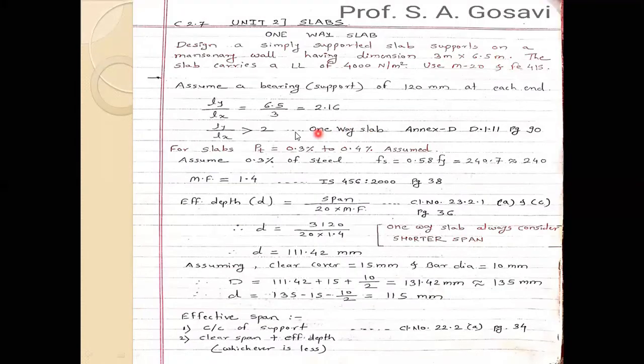Okay. So Ly by Lx ratio is 6.5 by 3, 2.16. Ly by Lx ratio is greater than 2. So it is a one-way slab. We have taken it this way because in IS 456 2000, Annexure D, D-1.11, page number 90, this condition is given.